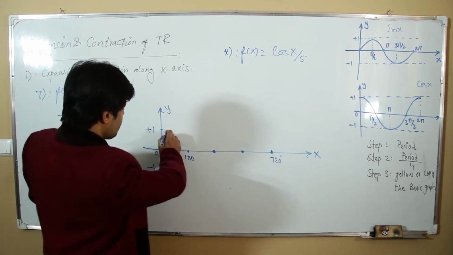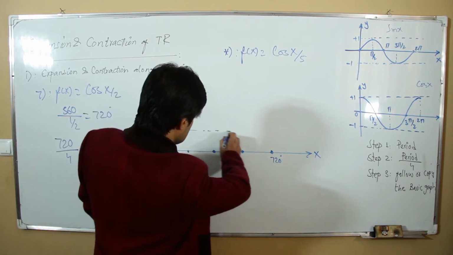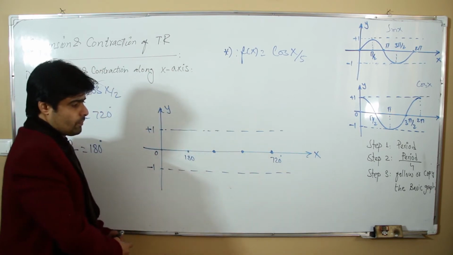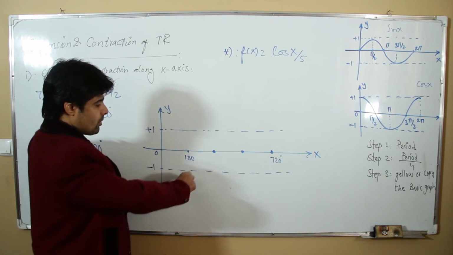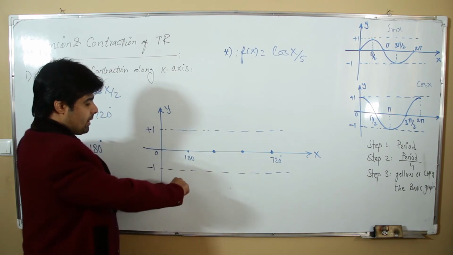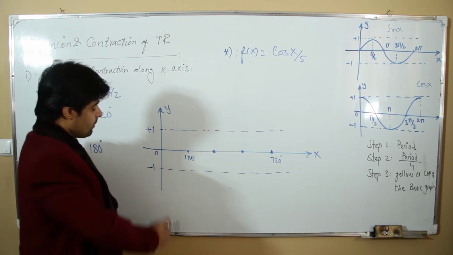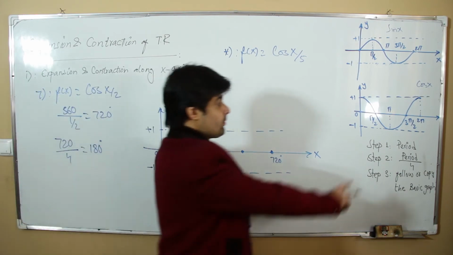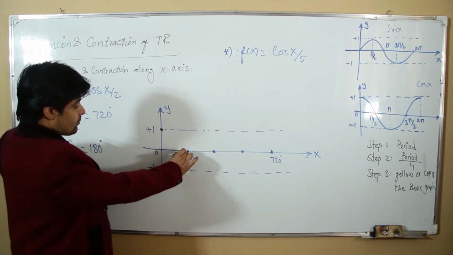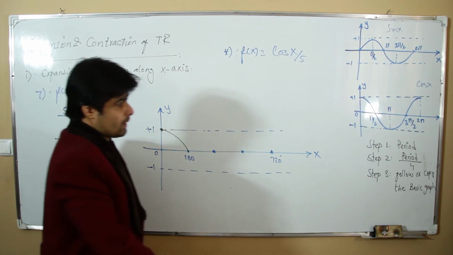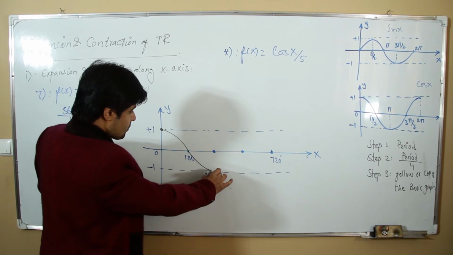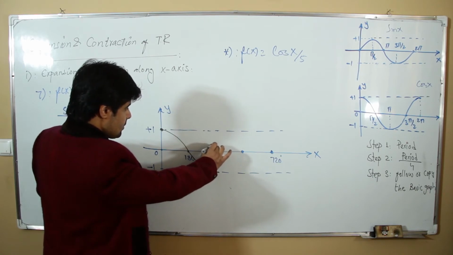Now cosine starts from positive 1. This is our line for positive 1, and this is our line for negative 1. Why do I draw these lines? Not to move outside of positive 1 and negative 1. You have to draw your graph between positive and negative. It starts from this point here. First, it has to cross. The second should be like minimum, which is 360.